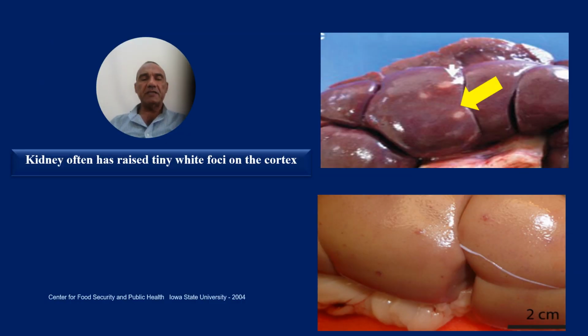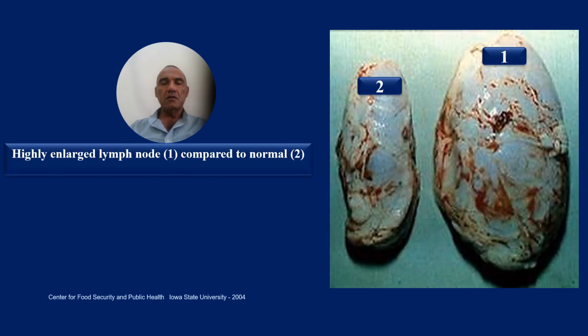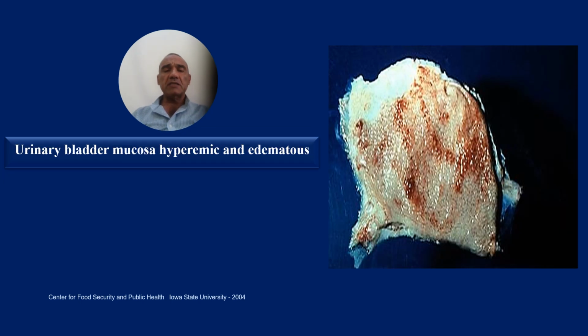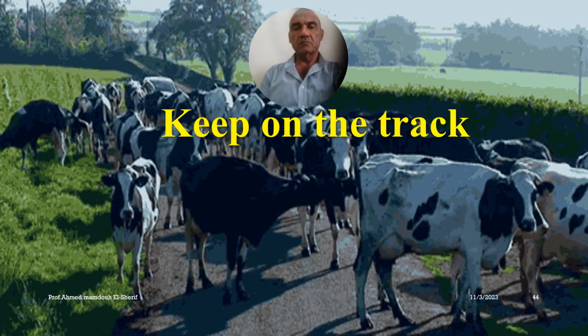A picture of the kidneys of an animal dead from malignant catarrhal fever showing raised tiny white foci on the cortex, according to the arrows. Highly enlarged lymph nodes, number 1, compared to a normal one in number 2. Urinary bladder mucosa is hyperemic and edematous.